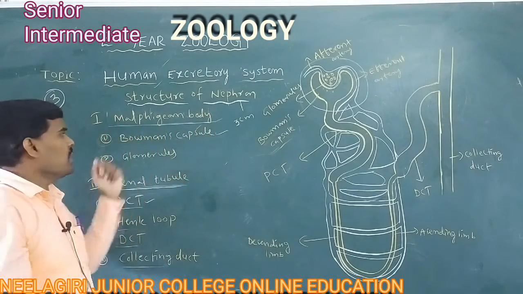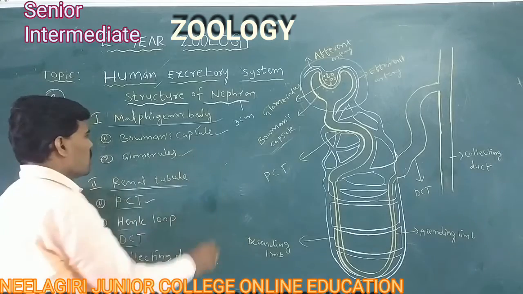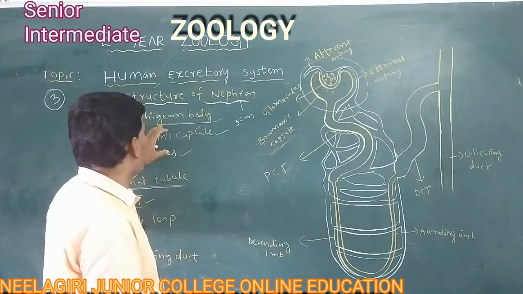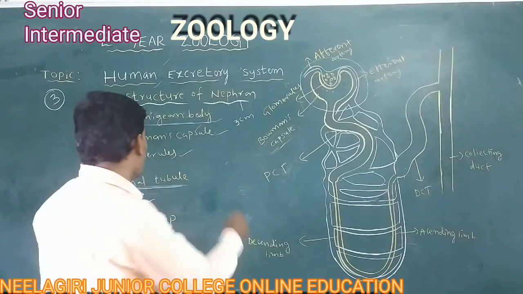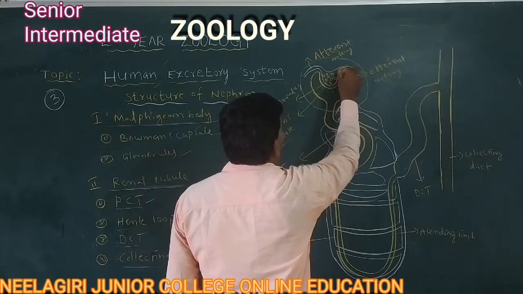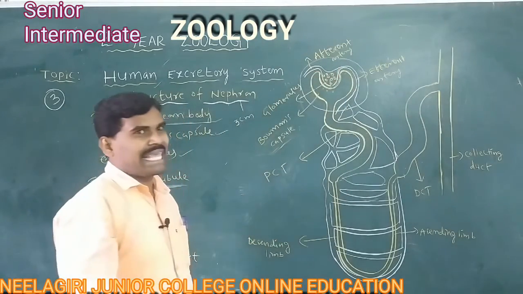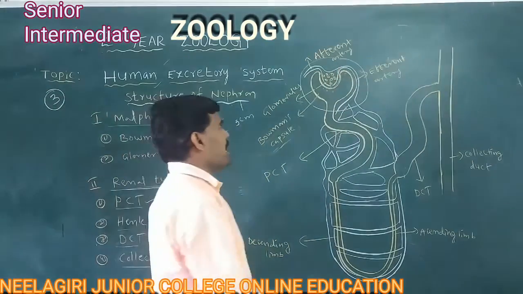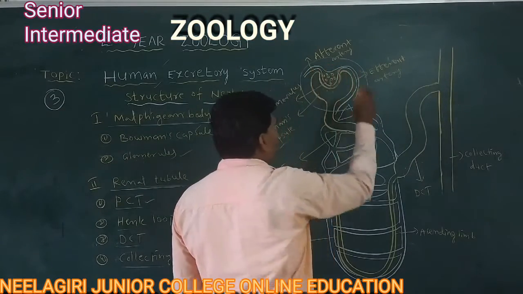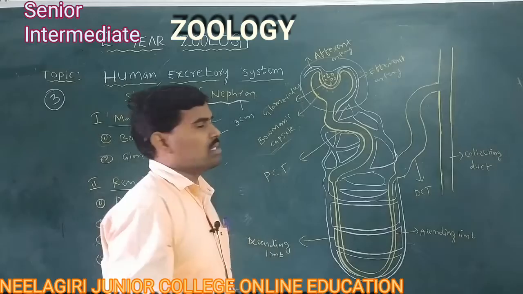Is it clear? Next, the second part of the Malpighian body is the glomerulus, a network of blood capillaries.